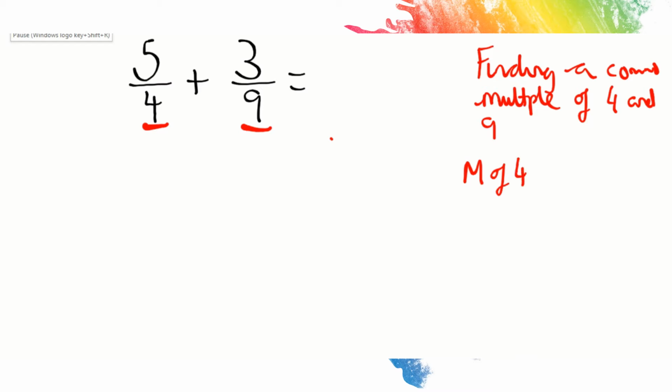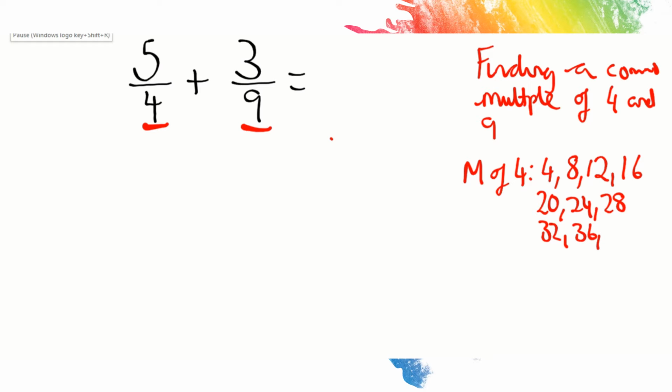So what I need to do, I'm going to write my multiples of 4, which is 4, 8, 12, 16, next one is 20, 24, 28, 32, 36, and 40. I'm only going to go to 10 lots.